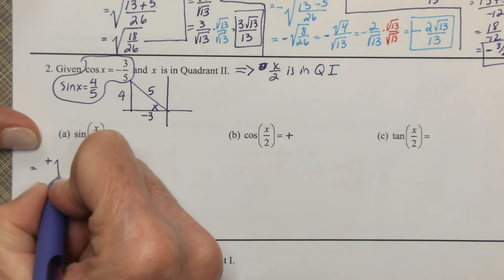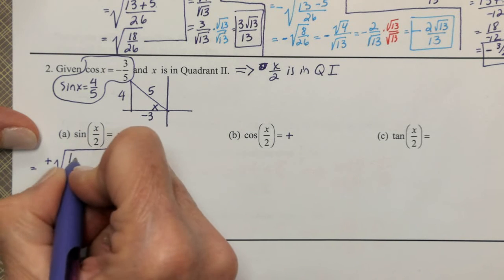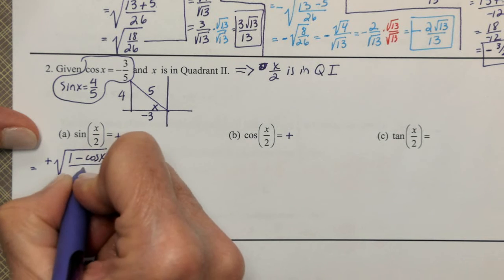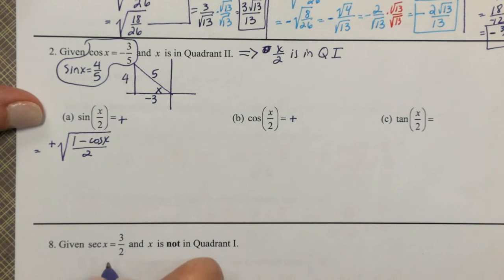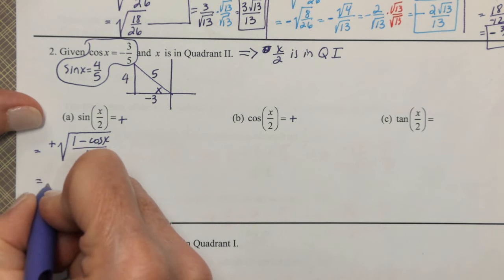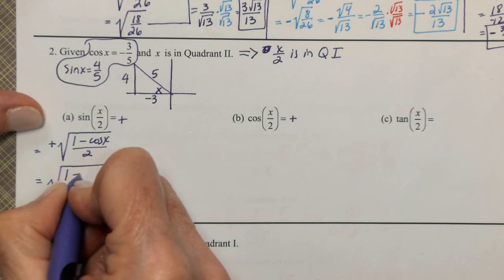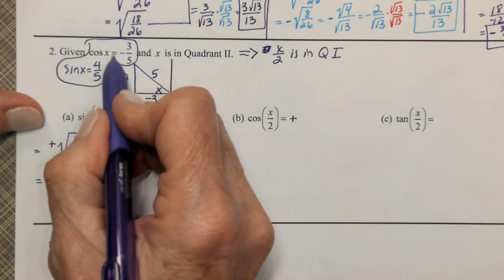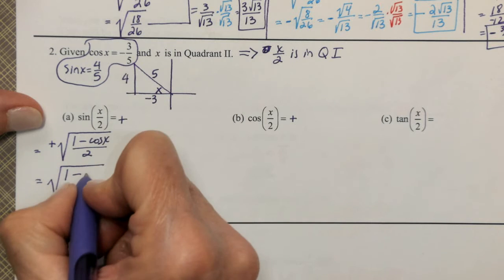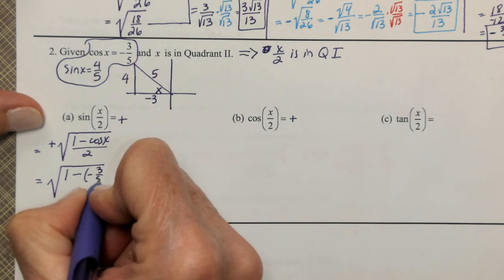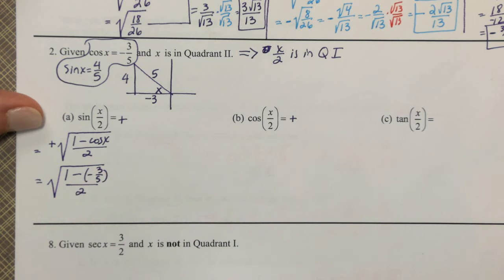So I'm going to have positive square root of 1 minus cosine x over 2. Which will be the square root of 1 minus cosine x, which is negative 3 over 5, all over 2.